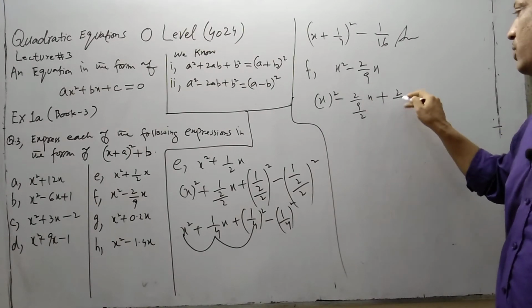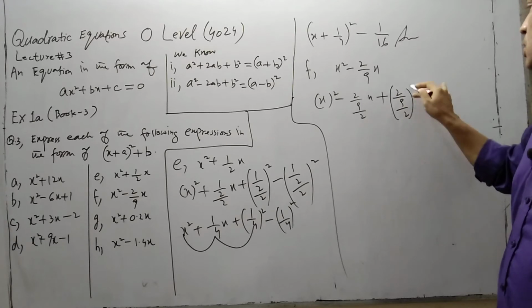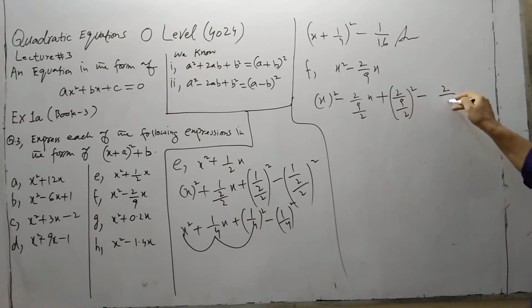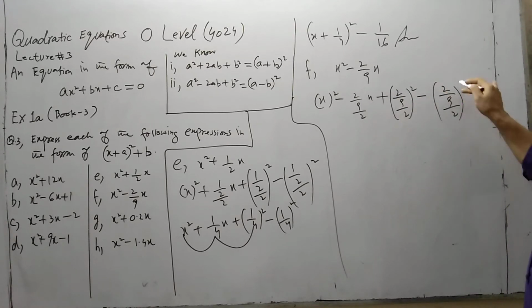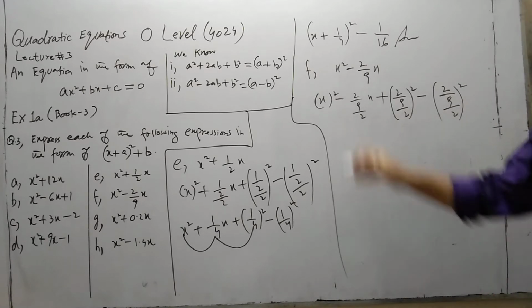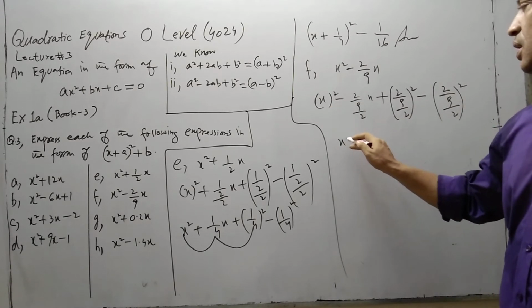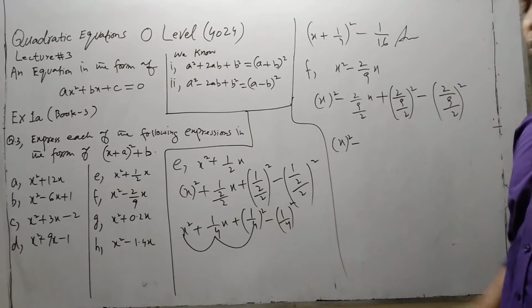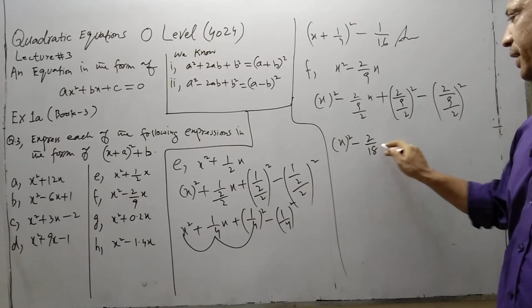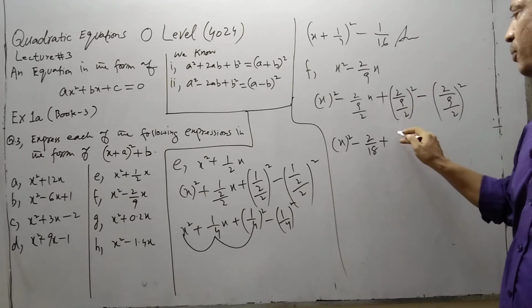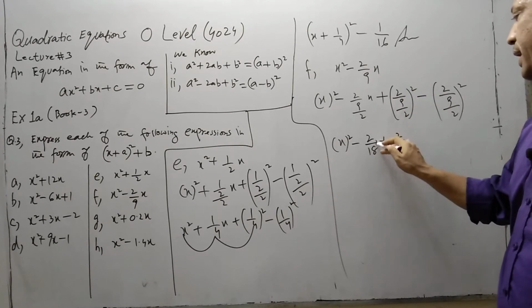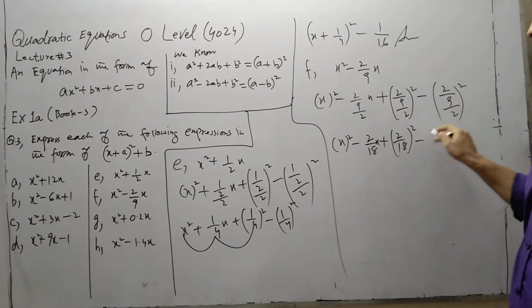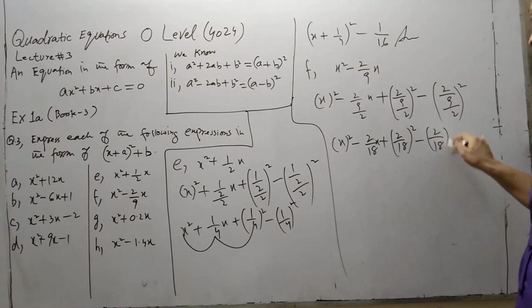Write with plus sign 2 upon 9 upon 2 whole square, with minus sign 2 upon 9 upon 2 whole square. So x square, 2 upon 9 upon 2 is 2 upon 18 square.